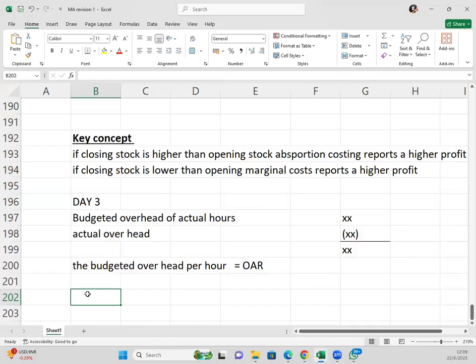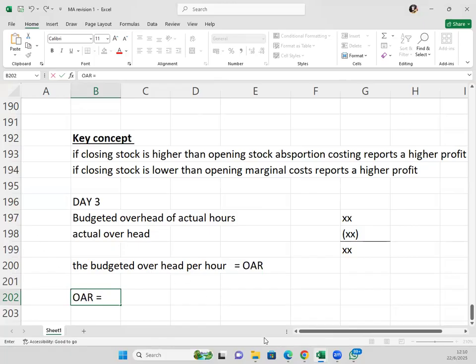Our first step is to work out our OAR. This will give us how much we are budgeting for every hour, so that is our budgeted cost per hour.